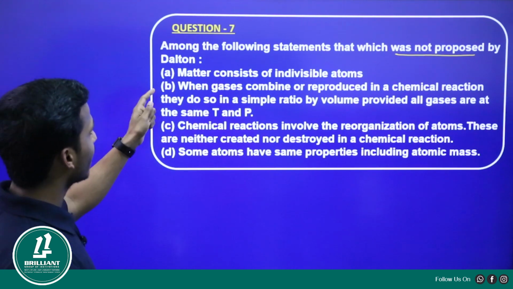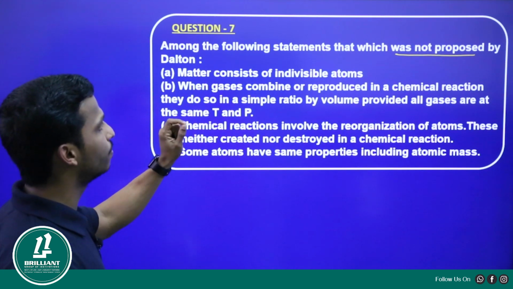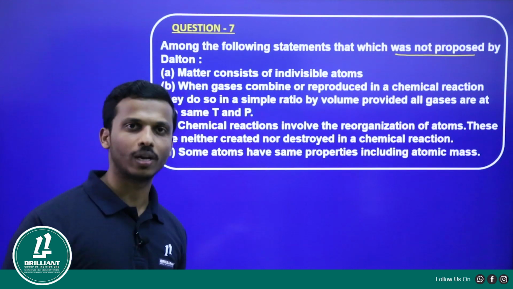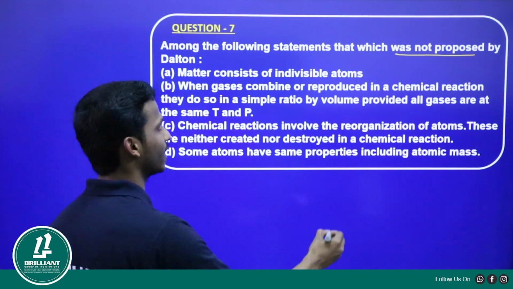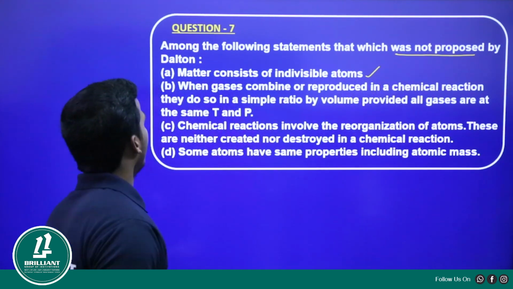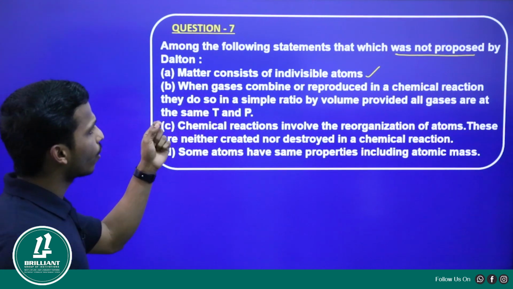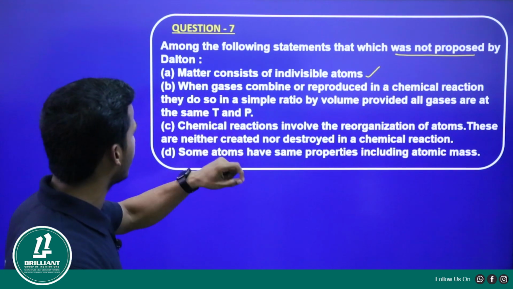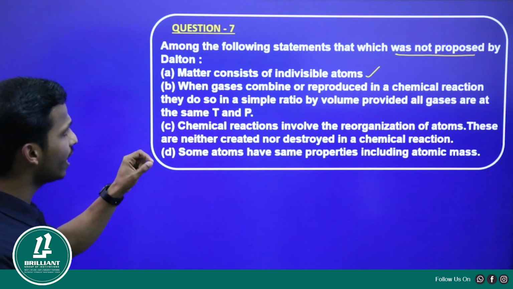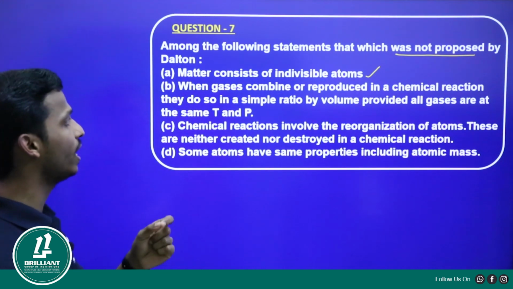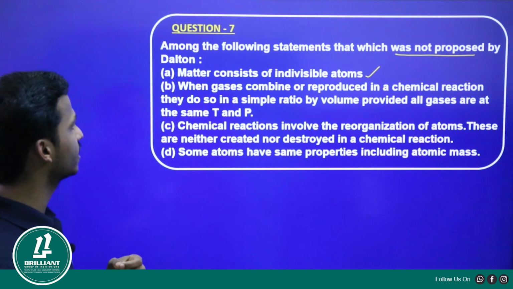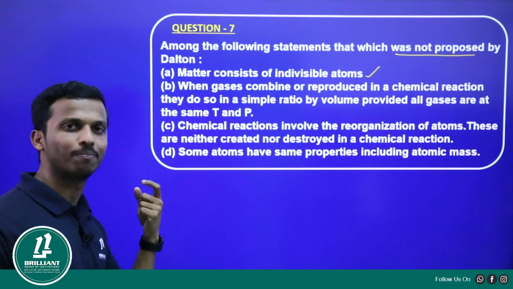Option A, matter consists of indivisible atoms. Right? Absolutely, it is proposed by Dalton. It is a correct statement. Option B: when gases combine or are produced in a chemical reaction, they do so in a simple ratio by volume, provided all gases are at the same temperature and pressure.